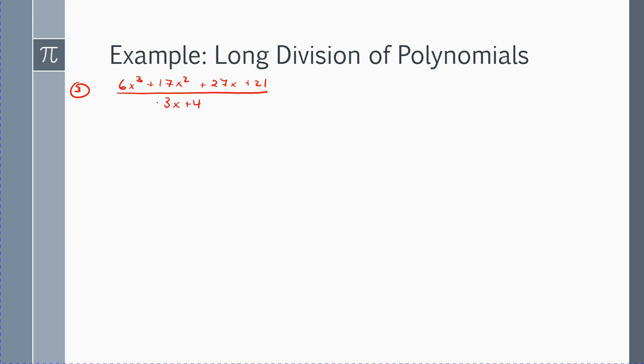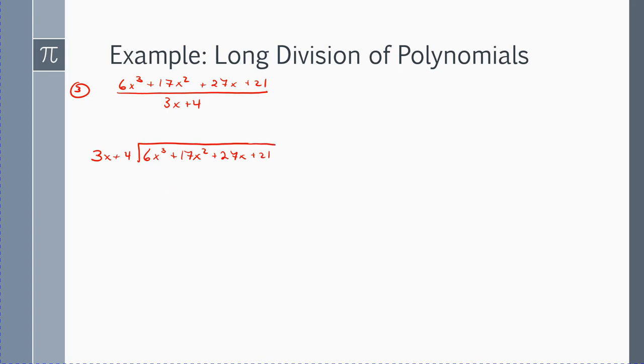Okay, so look, you're dividing by this 3x plus 4. So this comes over here. And then you're going to set up your long division. And then you're going to have 6x cubed plus 17x squared plus 27x plus 21.